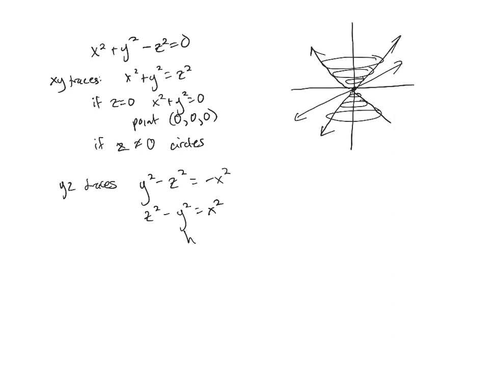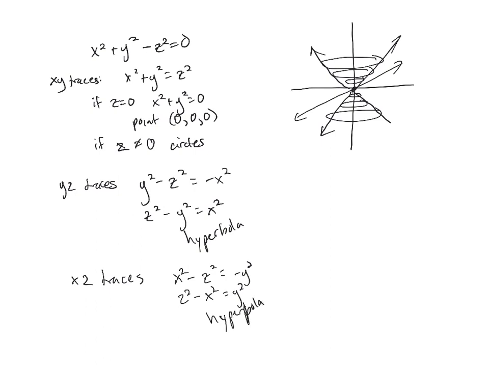And again, hyperbola. And similarly, the xz traces would be x squared minus z squared equals negative y squared. In other words, we get more hyperbolas.